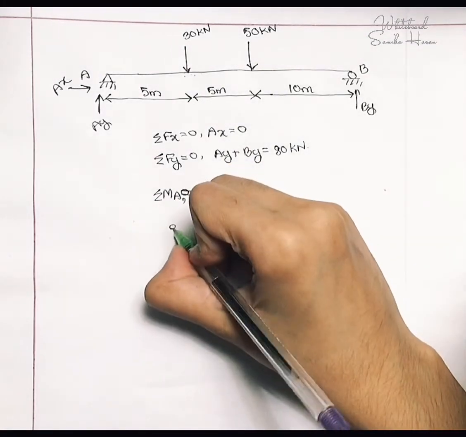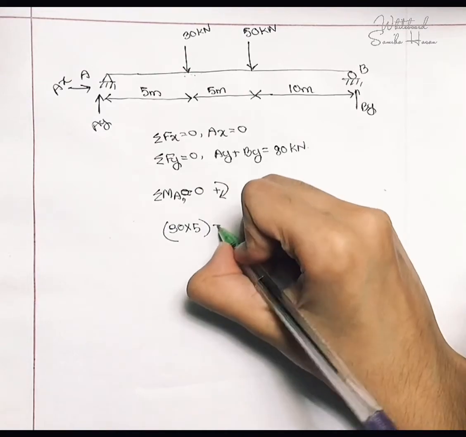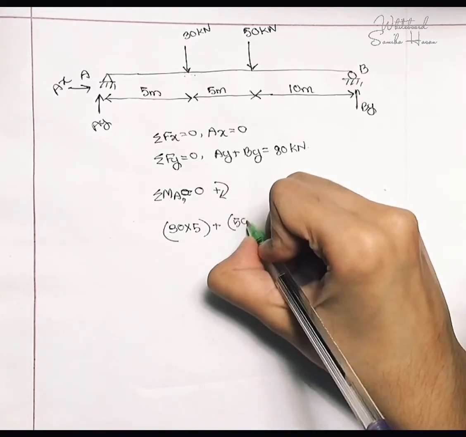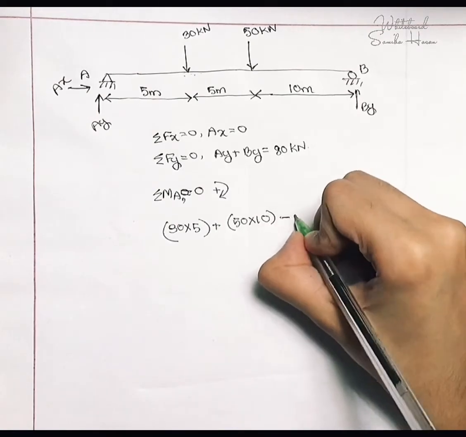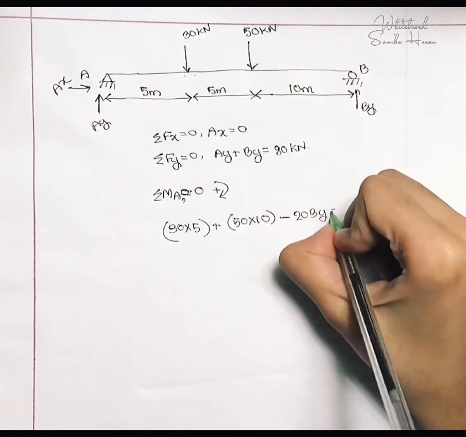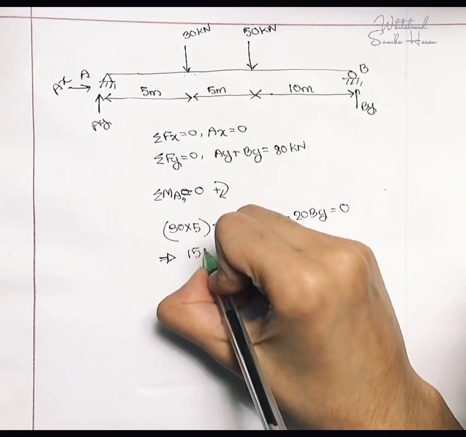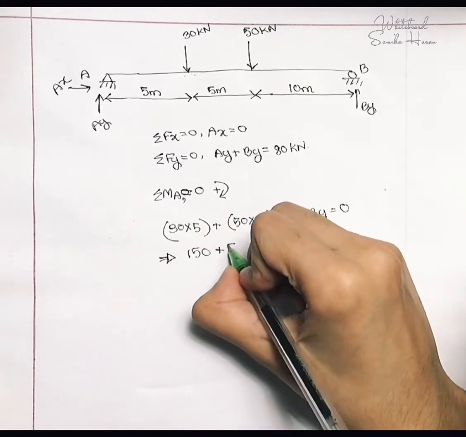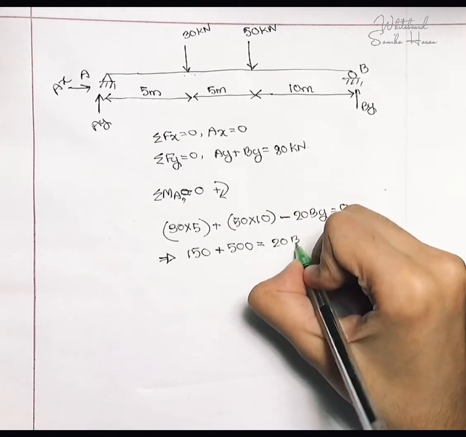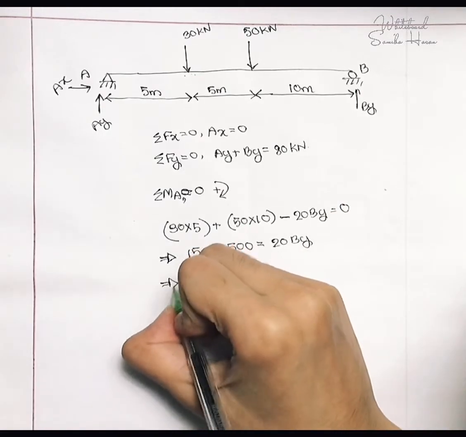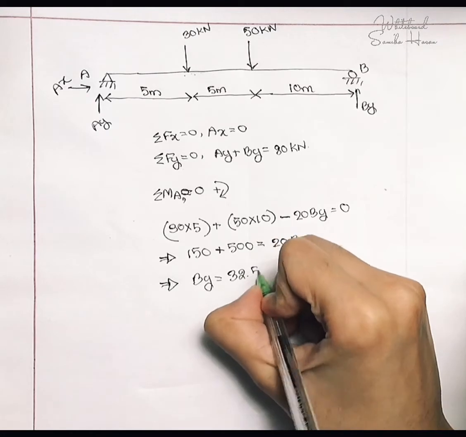So 30 into 5 plus 50 into 10 minus 20 By is equal to 0. So 150 plus 500 is equal to 20 By. So By is 32.5 kilonewton.